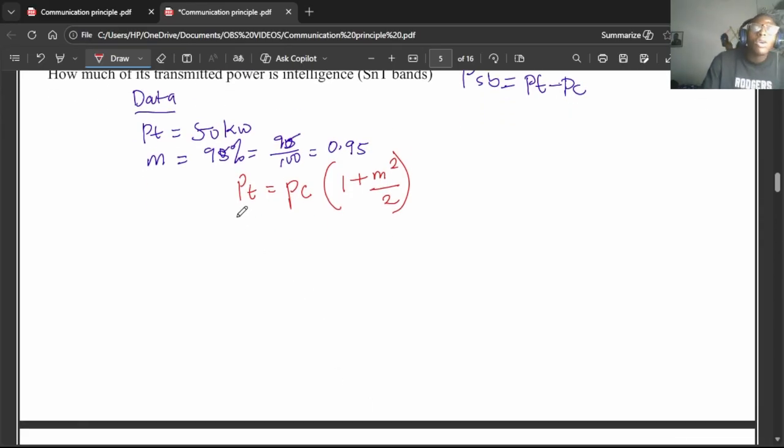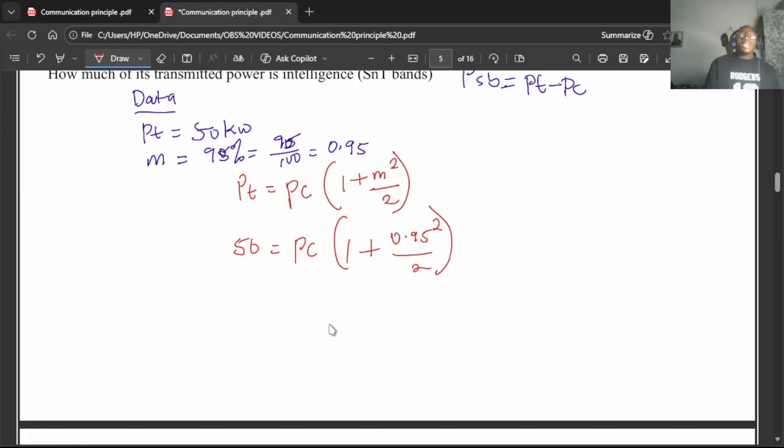we can see that we were given our PT here to be 50, right? And this is equal to PC, we don't know what PC is, but we know the modulation index, and we have 1 plus 0.95 squared divided by 2.